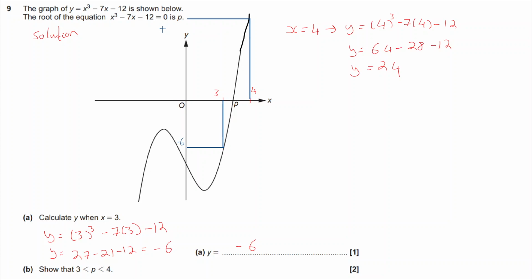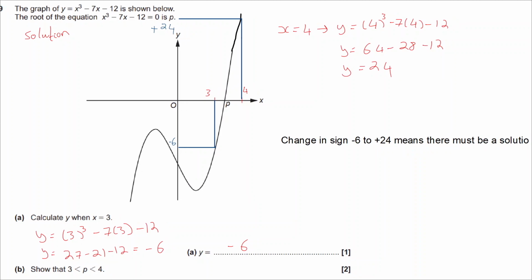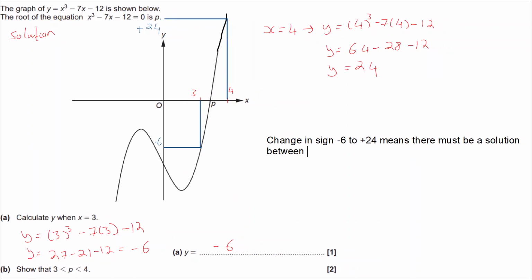But the key thing here is what you've got to state to the examiner. The change in sign. That just means you've gone from negative 6 to plus 24, which means there must be a solution between 3 and 4.